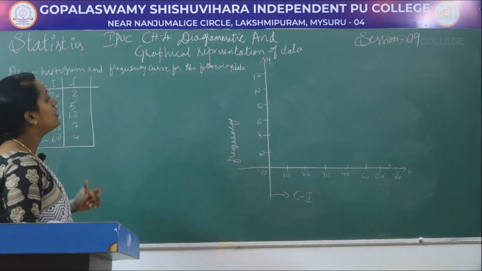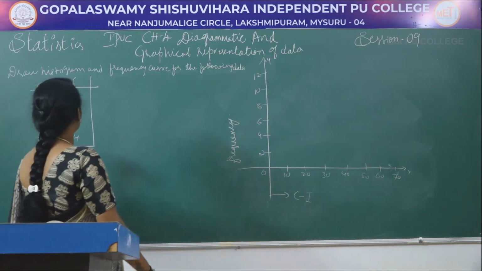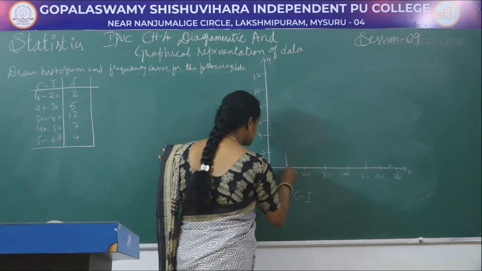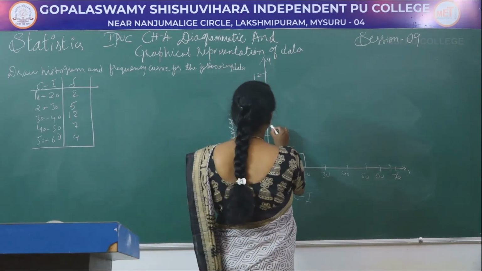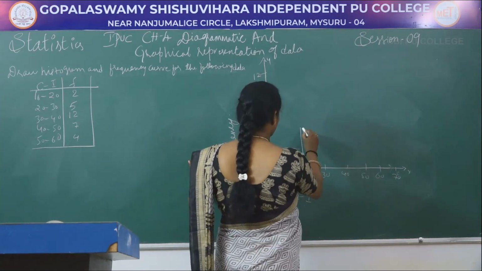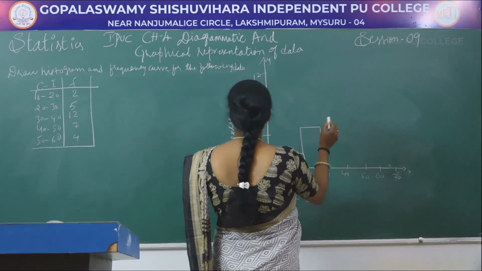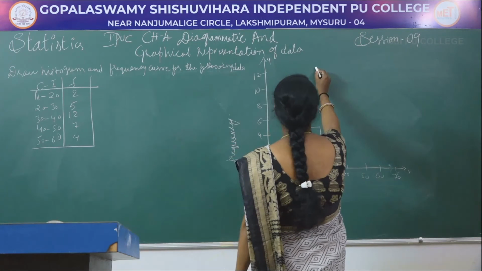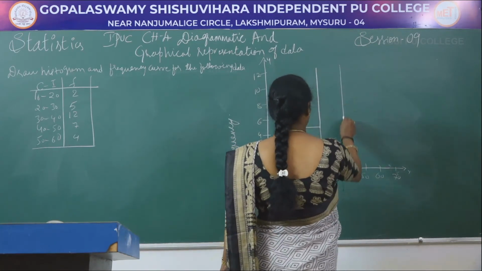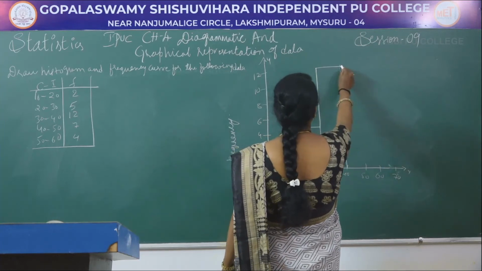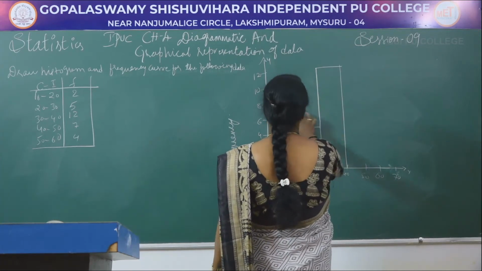First you have to draw the histogram. From 10 to 20 it is 2. Next it is 5. Next 12. Next 7.